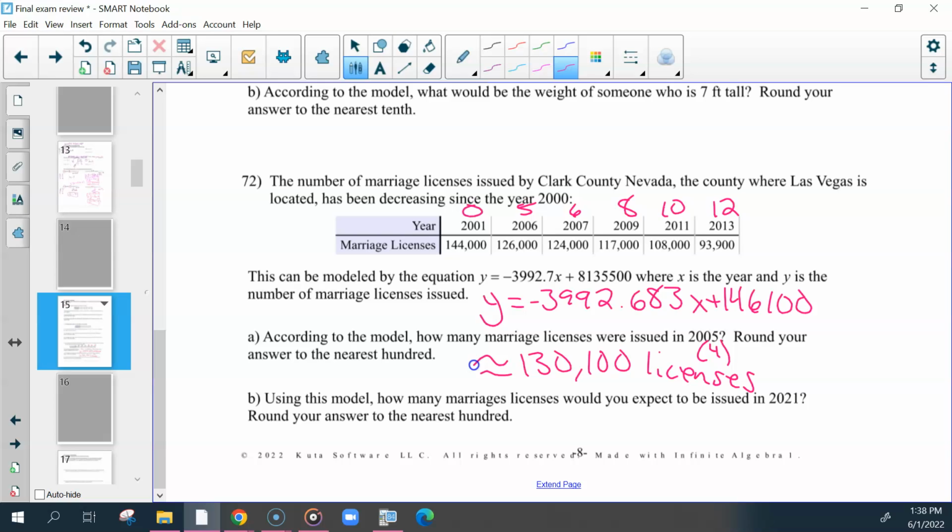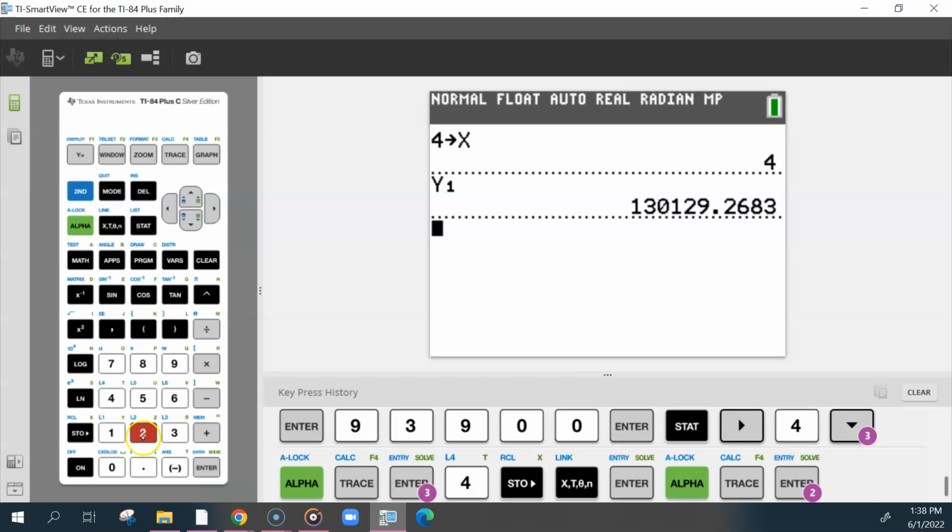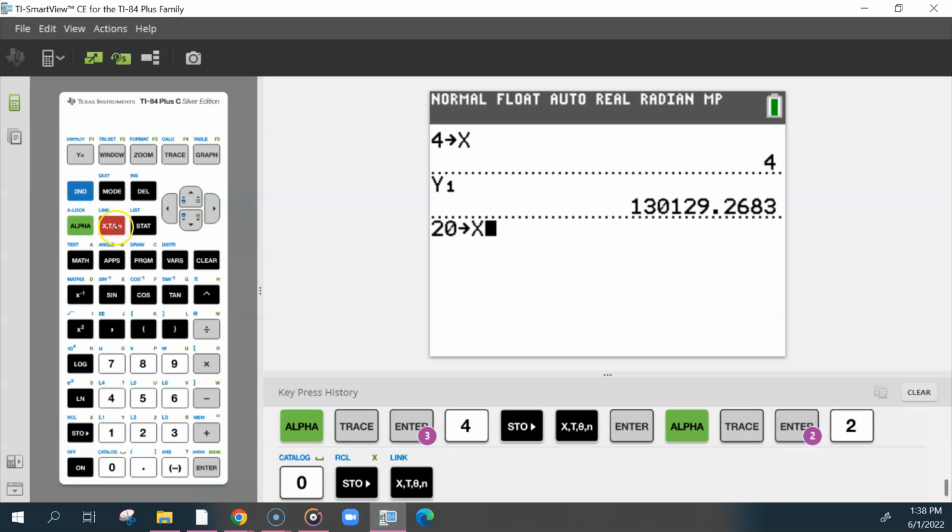Part B, we're doing the same thing, except now we need this in 2021. So that is 20 years from the original. So we're going to do the same thing we just did, put 20 in the calculator for that. So if I do 20 STO X and hit enter, 20 is now stored in for X, and then I can go back and grab my Y1 again.